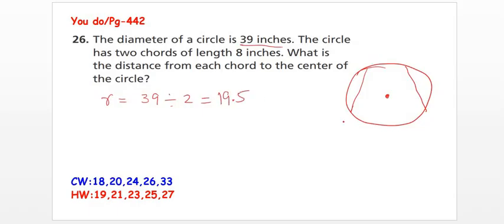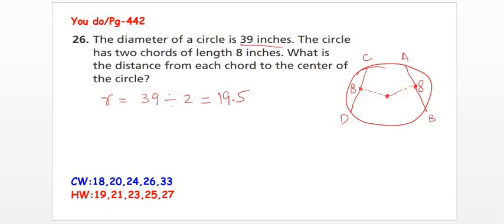Each chord is 8 inches, so this one is 8 inches and this one is also 8 inches. Let's name this one AB and this one CD. Now they want us to find the distance from the center to the midpoint of this chord, and similarly the distance from the center to the midpoint of the other chord. What is this distance?